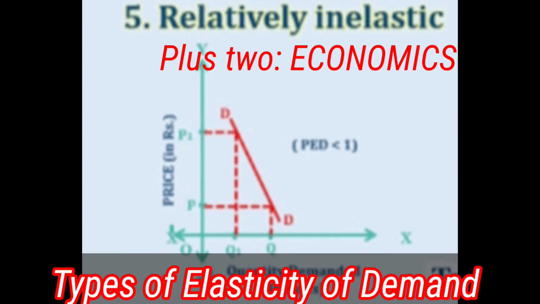That means you can see here PP dash is the change in price and QQ dash is the change in quantity demanded, which is smaller than that of the price. So the percentage change in demand here is less than the percentage change in price. So here ED is smaller than 1.